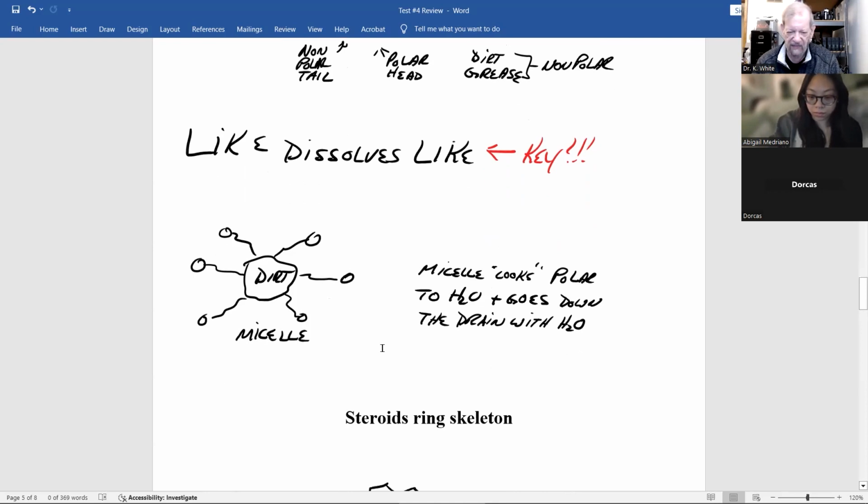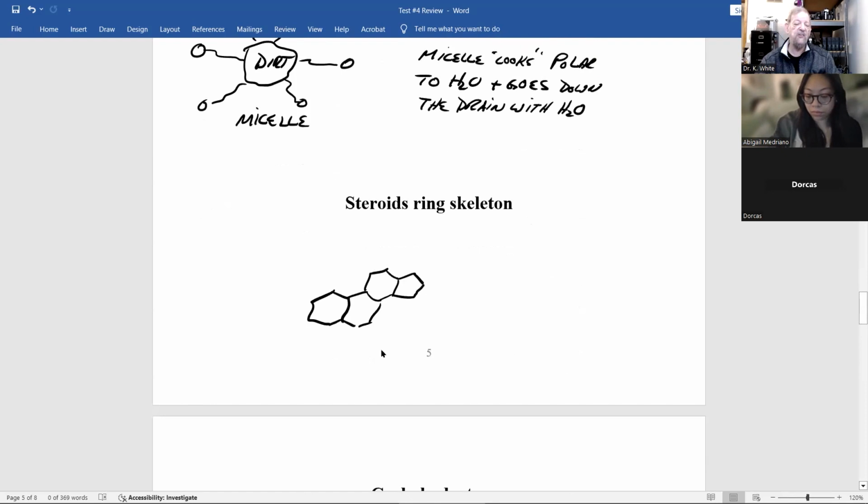All right, next I talked just briefly about steroids, and you should know how to draw the steroid ring skeleton. That's a 6-membered ring here, 6-membered ring, 6-membered ring up here, and a 5-membered ring.